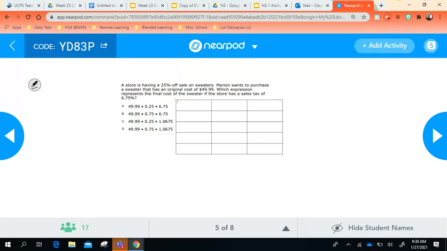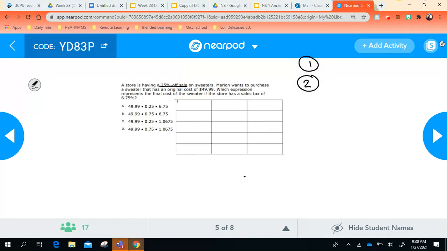So I'm going to go ahead and go through, read it one more time, and underline while you underline it in your notebooks. So a store is having a 25% off sale. So that's going to end up being step 1. So remember, when we have our two-step problems, we come up here, we do step 1, step 2.